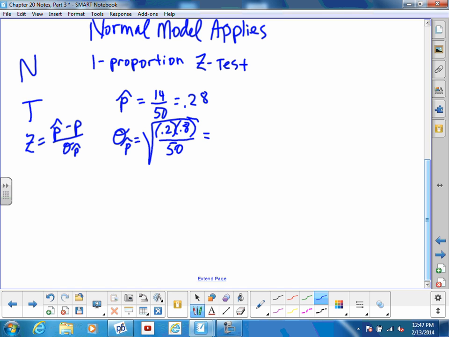That is 0.0566. So, you better write Z equals, and then your thing here. That is 1.41.